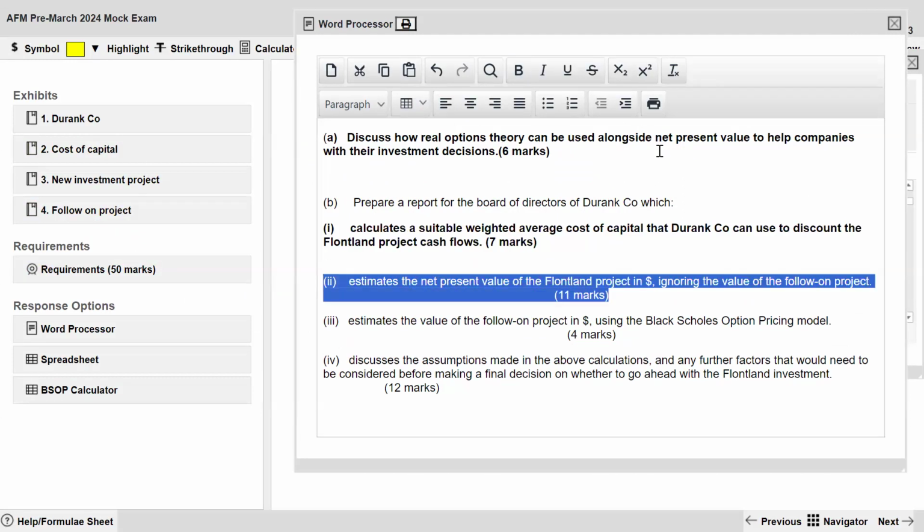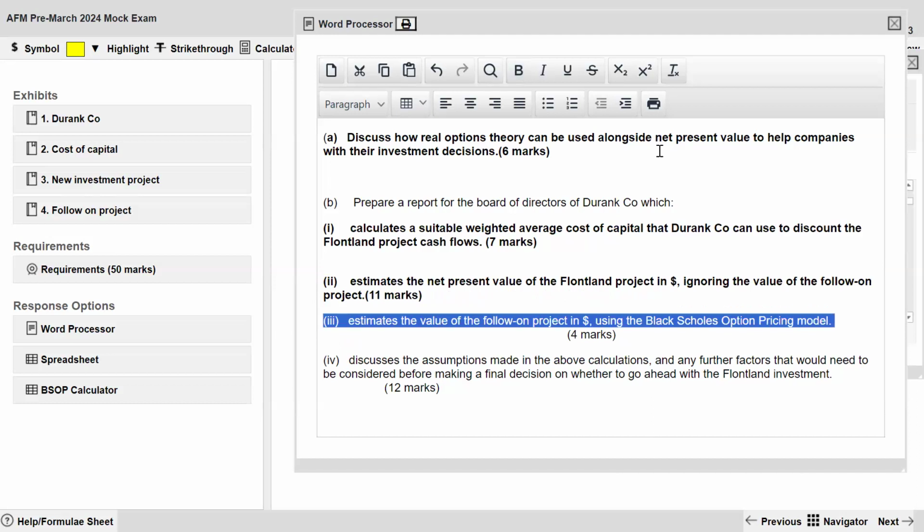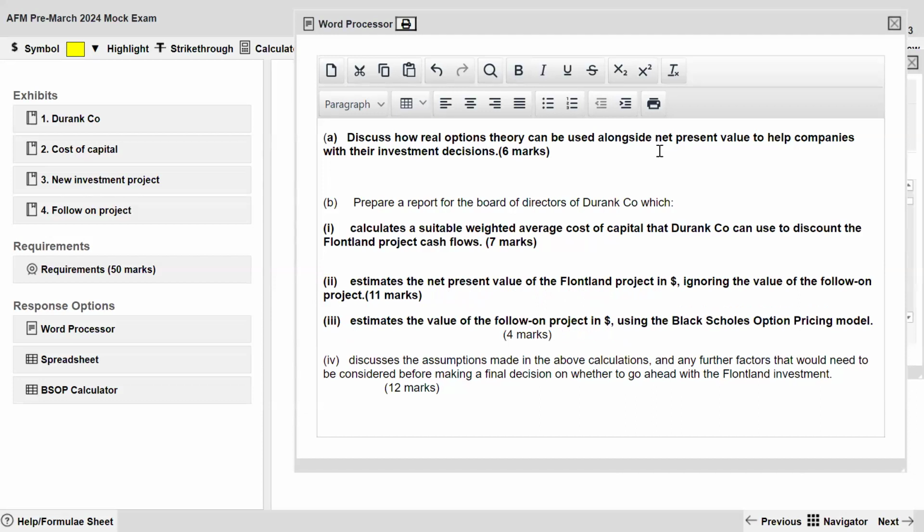Then we have to estimate the net present value in dollars, ignoring the value of the follow-on project. And then estimate the value of the follow-on project in dollars using the Black-Scholes option pricing model.